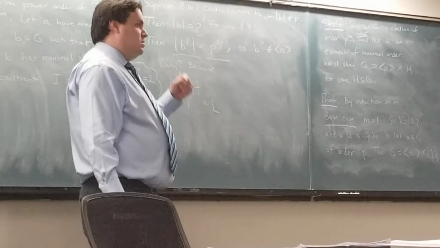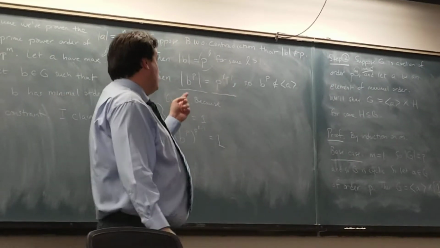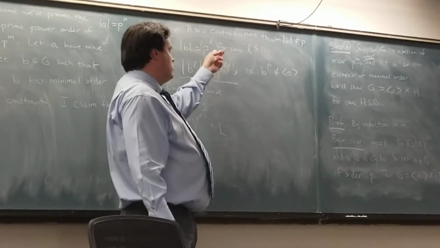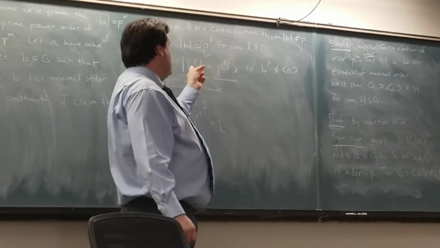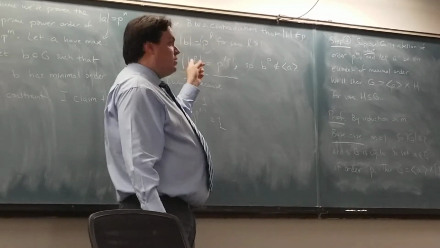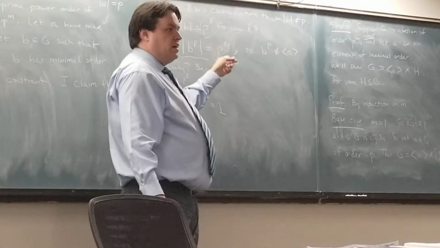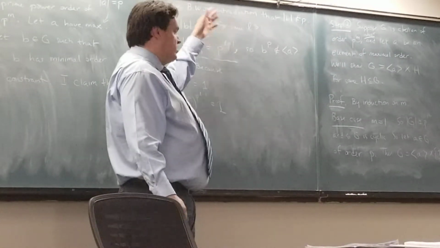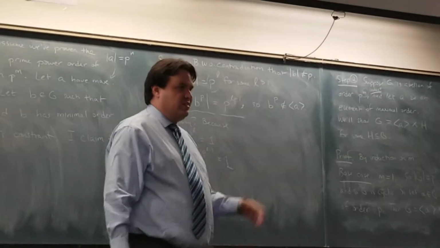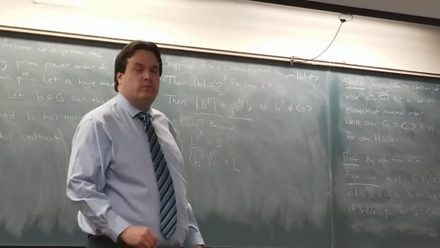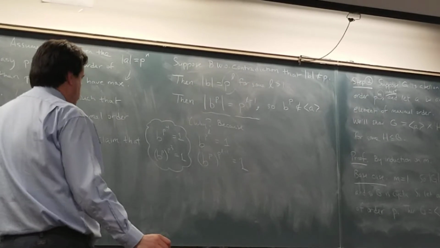There's a theorem that says that if the order of this is some number, let's call it m for a minute, then if A is a divisor of m, then B to the A has order m divided by A. And I know I'm reusing every symbol in the book here, but I was just searching for letters I could use.